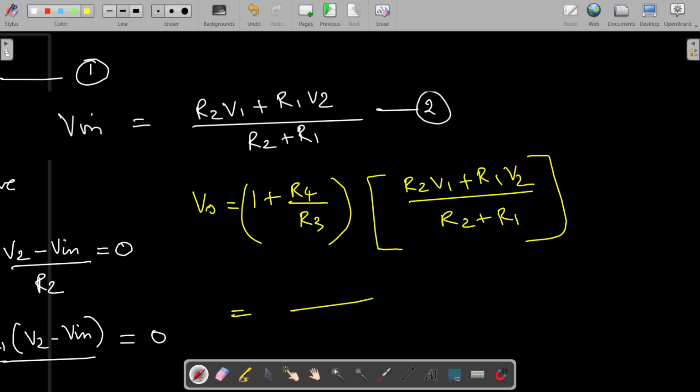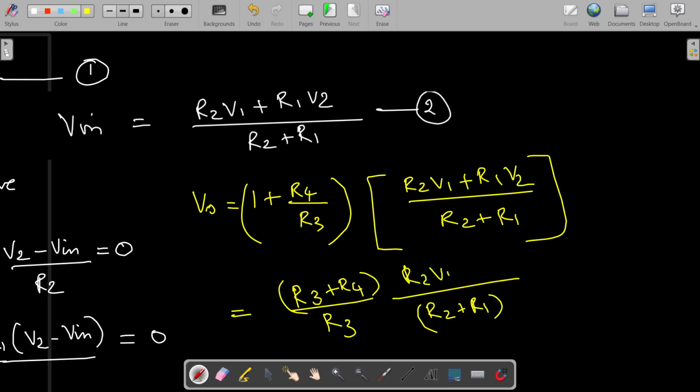So this can be written as (R3 plus R4) over R3, times (R2 V1 plus R1 V2) over (R2 plus R1). Okay, so this is your V0.